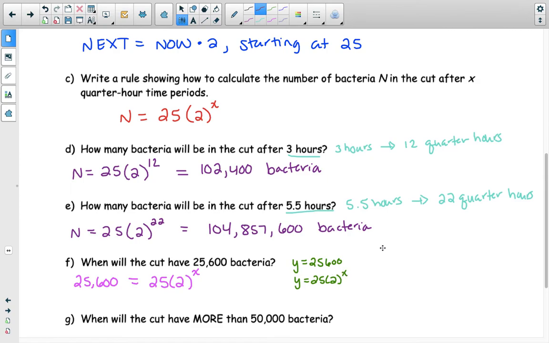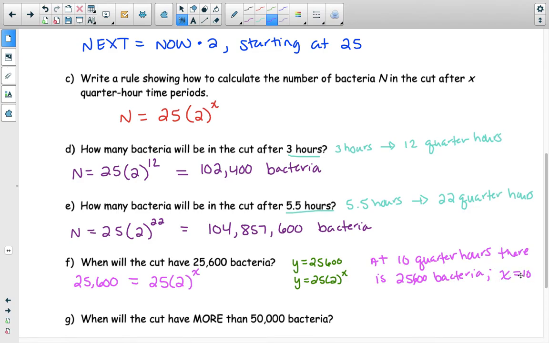They would intersect at 10 quarter hours, so at 10. We would say at 10 quarter hours, there is 25,600 bacteria. Because we ended up getting x is equal to 10.